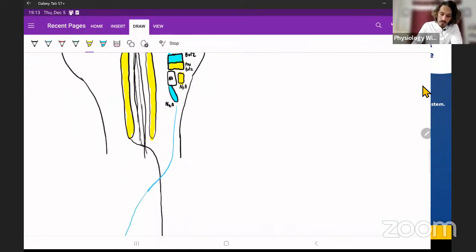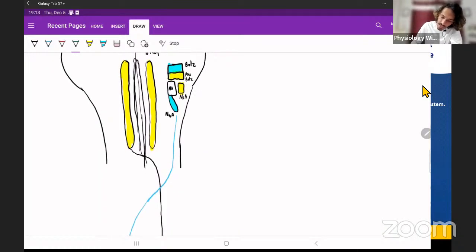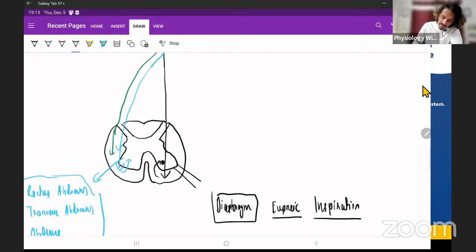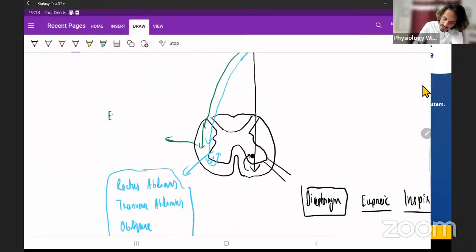They will again go and act in a similar way. Where do they act? They go and act on your external intercostal muscle, all your accessory muscles of inspiration.